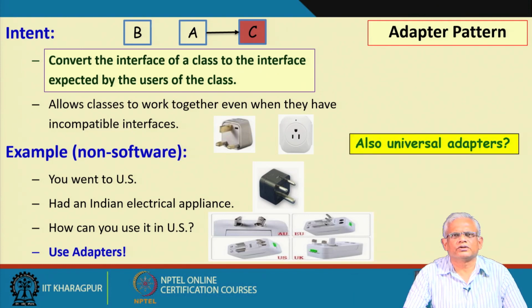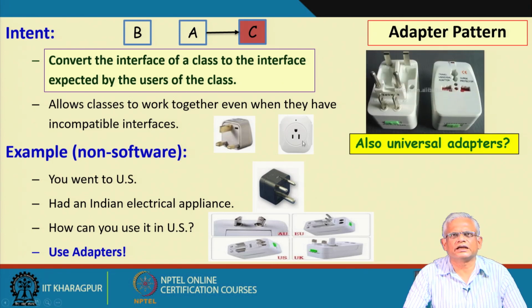but can we have a universal adapter that will simplify the problem? In fact, that is what everybody does when going abroad. They carry a universal adapter like this. This is the back side of that. On the front side, it can fit into the socket of any country, and here your appliance can use this socket.